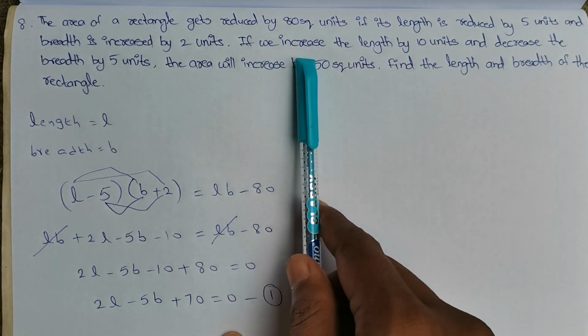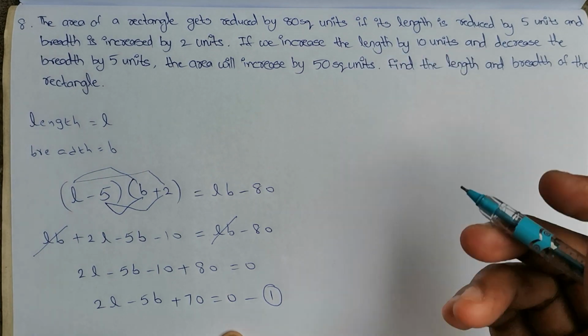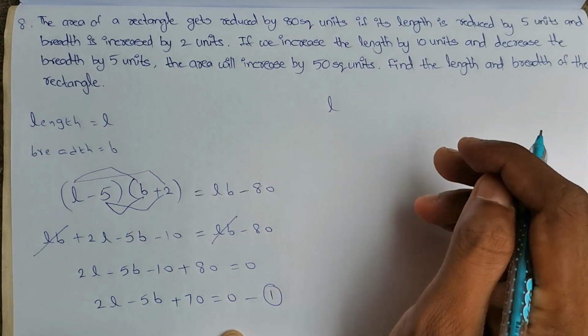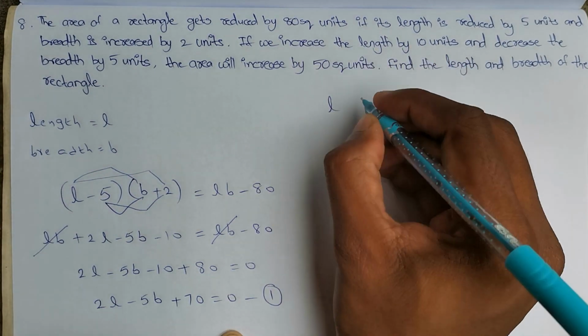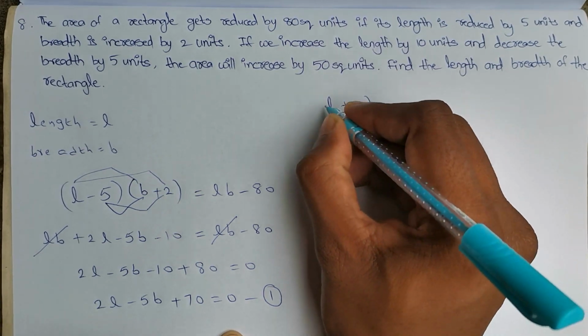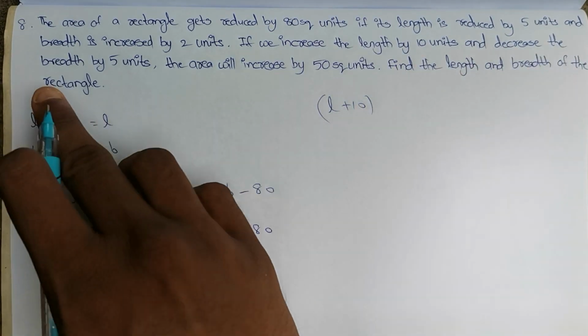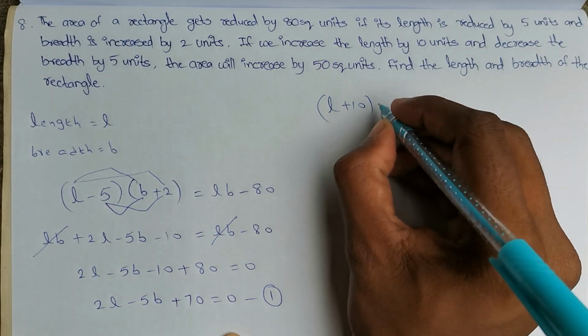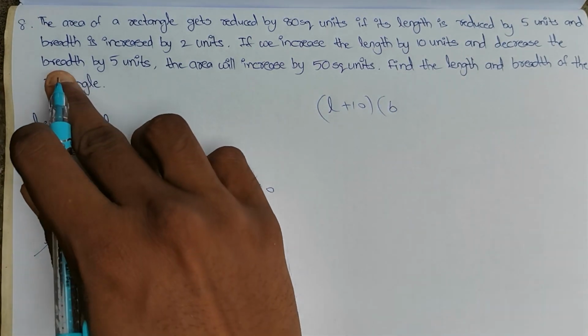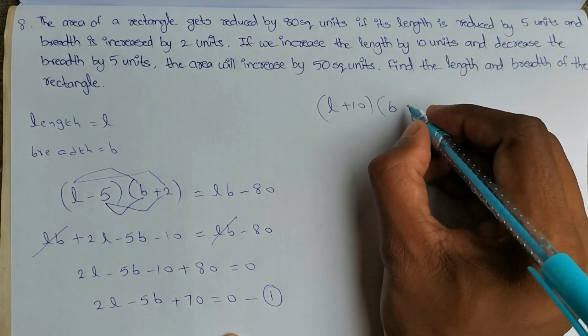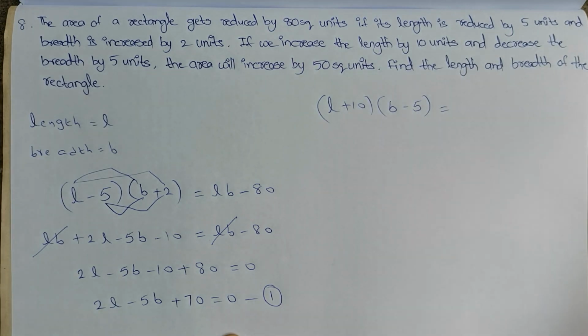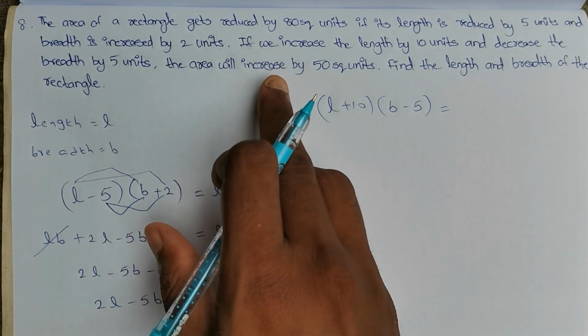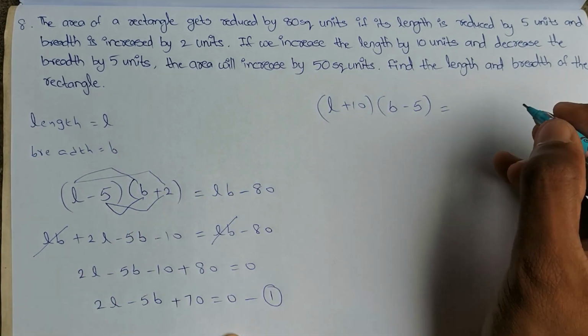Next, second equation. If we increase the length by 10 units, original length is L, now it is increased by 10, so L plus 10 into, and decrease the breadth by 5. Original breadth is B and it is decreased by 5, so minus 5 is equals to, then the area will increase by 50.